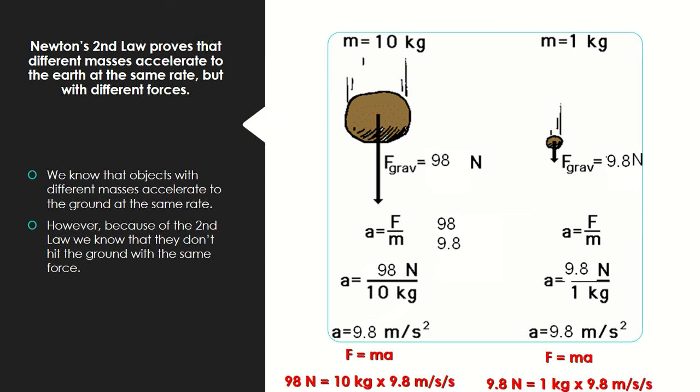Now, Newton's second law of motion helps to prove that different masses all accelerate down to Earth at the same rate, but with different forces.